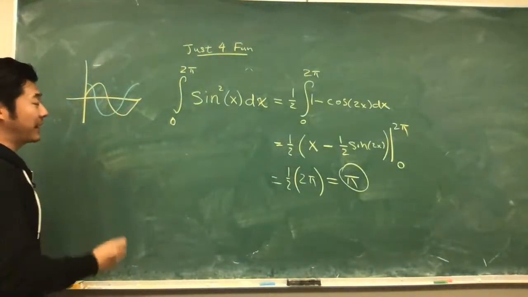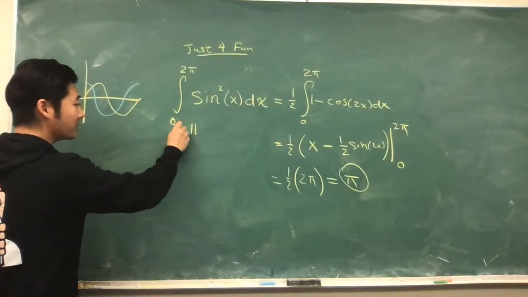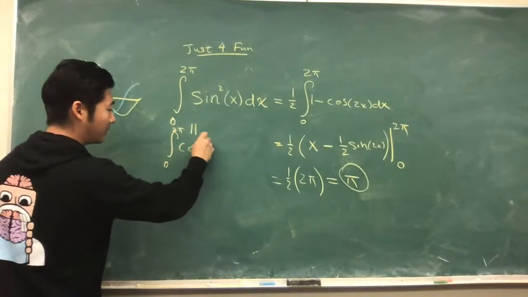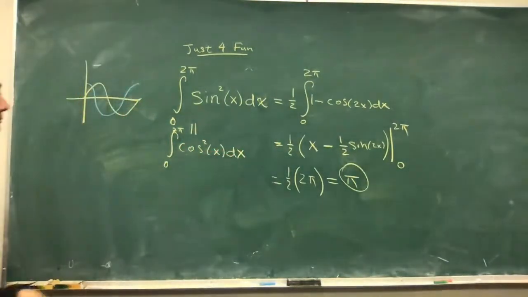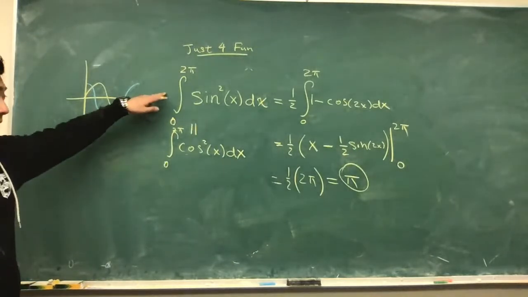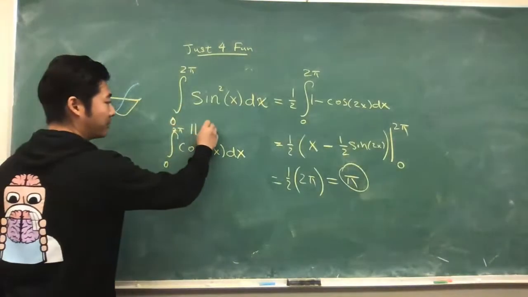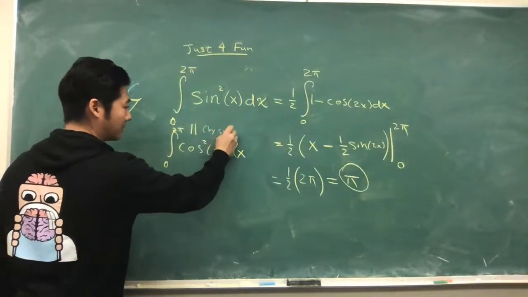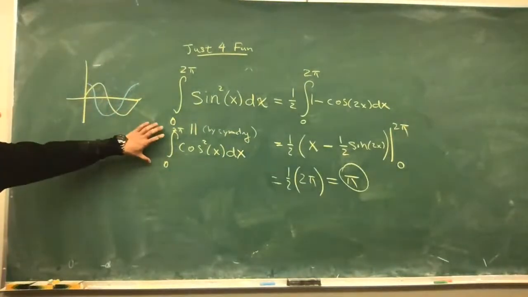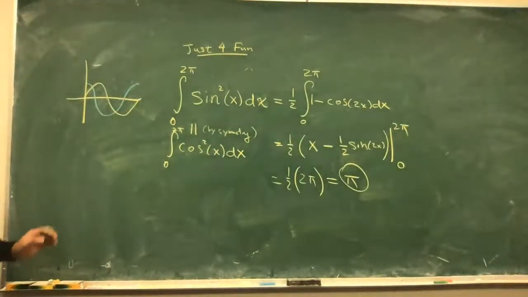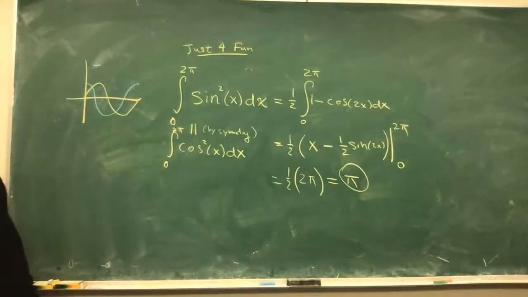So just by symmetry, you know that the integral from 0 to 2 pi of cosine squared dx is equal to the integral of sine squared over 2 pi. And it's important that it's from 0 to 2 pi. It does work for other parts, but you have to be a little bit careful when you do this trick.